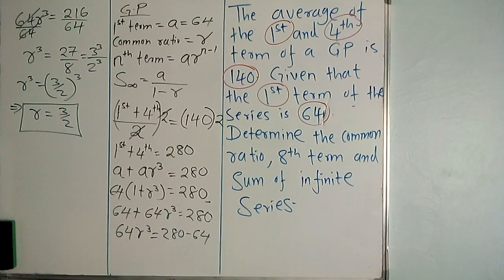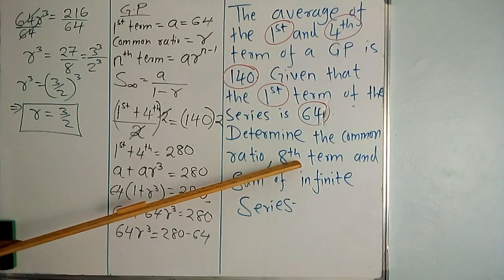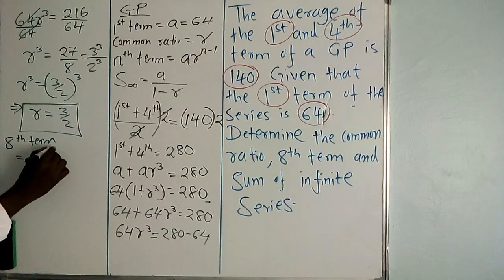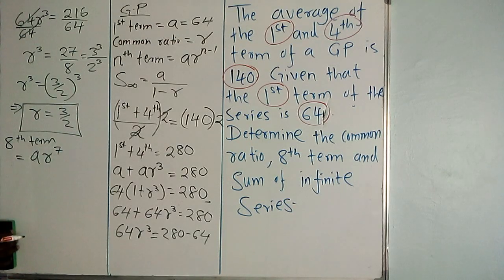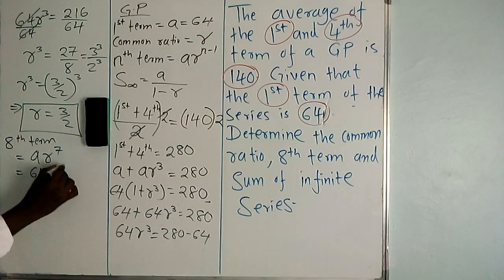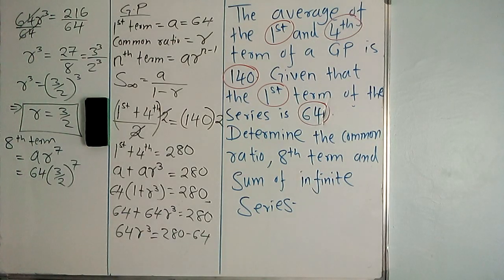Having determined the common ratio, then you determine the 8th term. You simply substitute the values. The 8th term is going to be AR raised to power 7. Where there is A, put the value of A, which is 64. Where there is R, put the value of R, which is 3 over 2, raised to power 7. So what do you get?